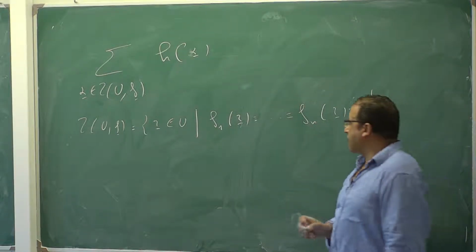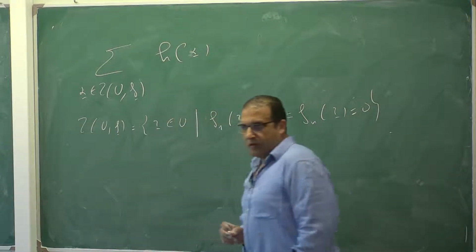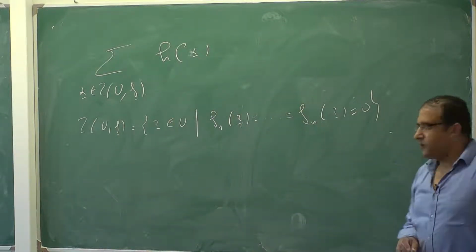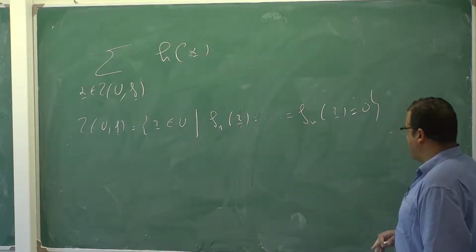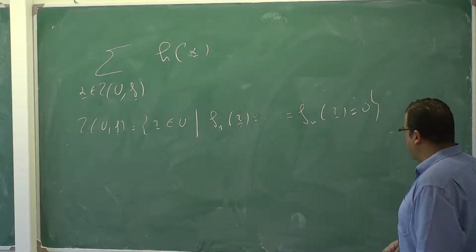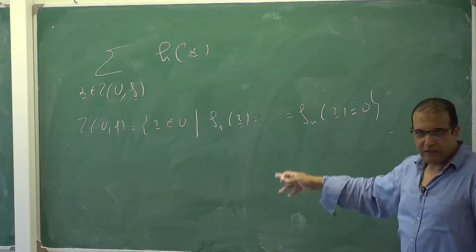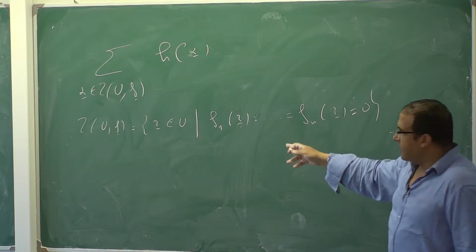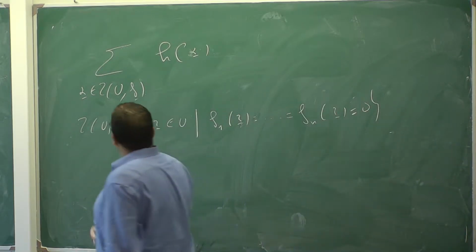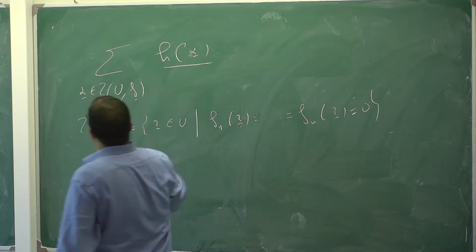So you have some functions F1 to Fn defined in U, holomorphic in U, and if the hypersurfaces intersect properly, then this set is finite. So you are counting the points of this set, and you are trying to sum some function over the points of this set.